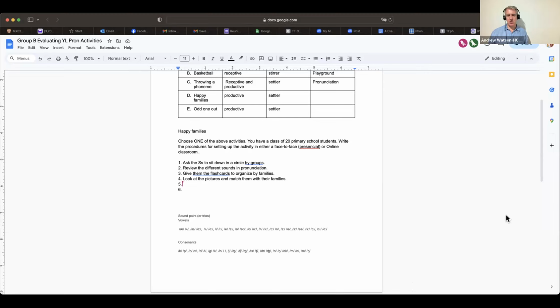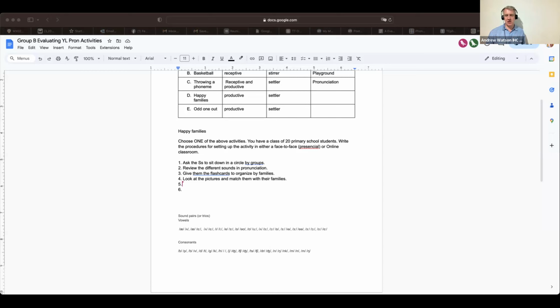What is the size of the groups? Are they groups of 3 or 4? Yeah, 3 or 4. Okay. Do you need to tell the students that they need to hand over the card if the other person in the group says, have you got a card with the sound ch in it?